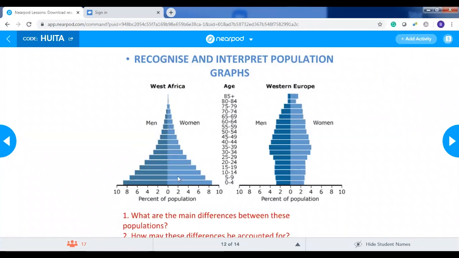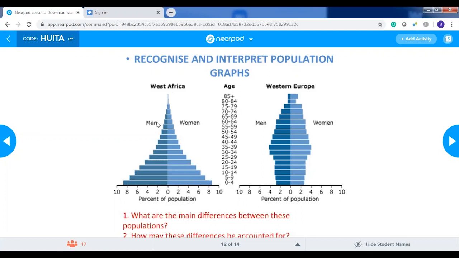There are more newborns, children, infants and young people, both men and women, in West Africa than in Western Europe. But we see another difference here: at middle age, there are more individuals in Western Europe than in West Africa, and if we go to older ages, there are even fewer in Africa than in Europe.